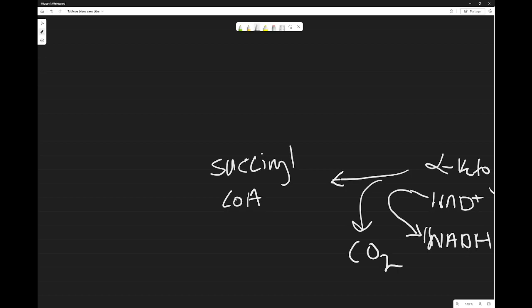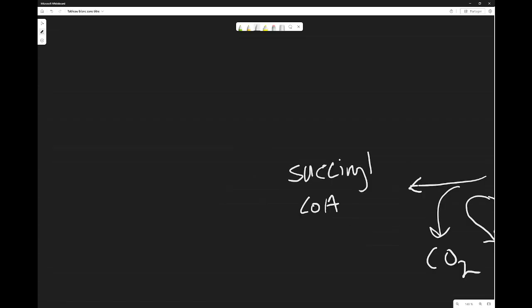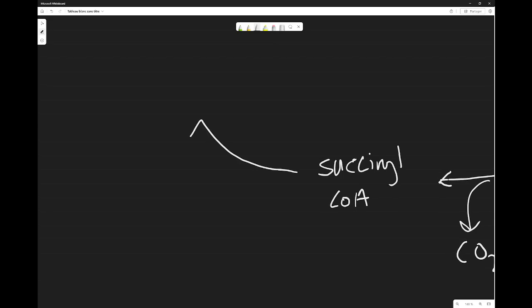Right? This molecule of succinyl-CoA, right? And then we're gonna create now GTP.